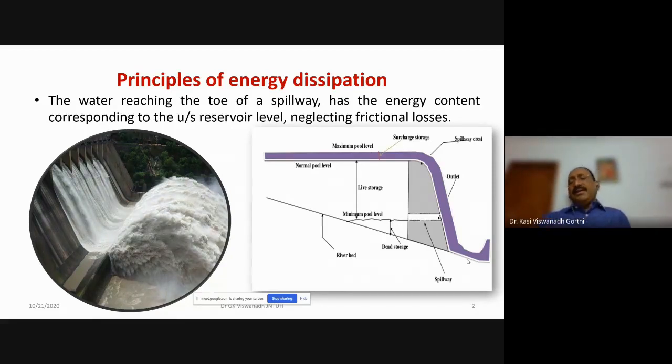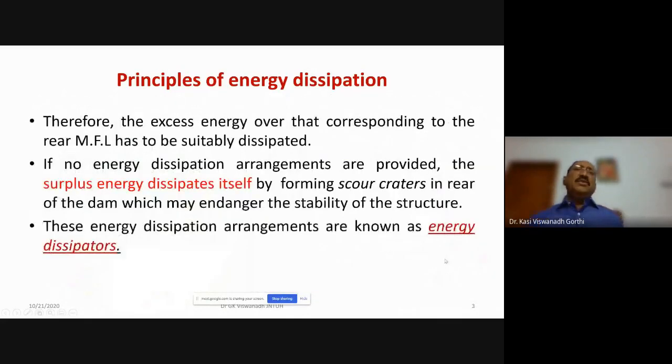The other is that, because it is falling with high kinetic energy, a lot of impact will be there at the downstream portion. The result of impact is erosion. So a lot of the material used to construct the dam at the downstream portion will be eroded away, leading to unsafety for the structure.